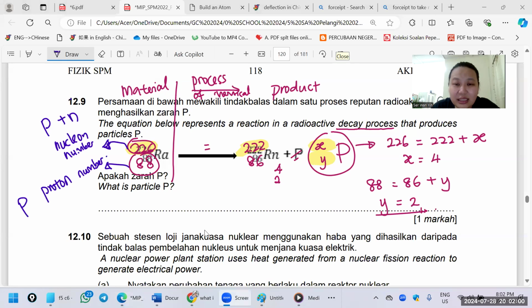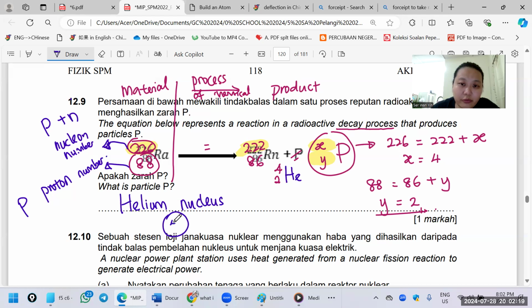Thank you, Dylan. Thank you, Liang Zi. Yes, 4 and 2 means it's a helium particle. So you can say it is a helium nucleus. The nucleus has 4 total, meaning 2 neutrons and 2 protons.